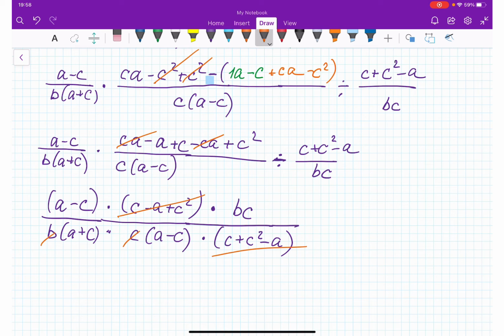B and C will be cancelled with BC. A minus C will be cancelled with A minus C. Yes? And what else do we have left there? We have left 1 over a plus c. Okay?